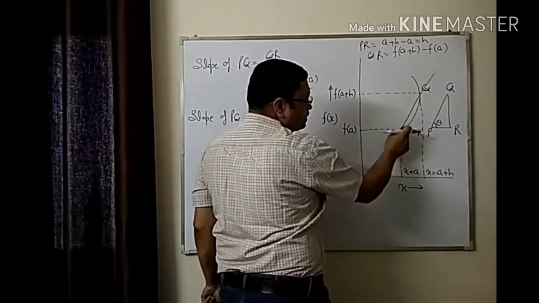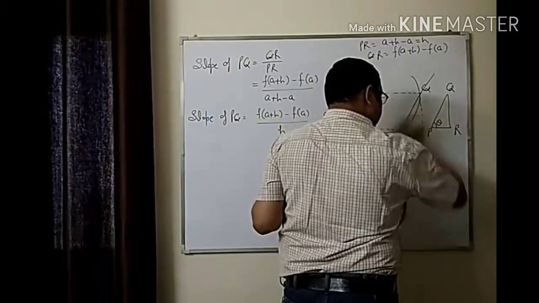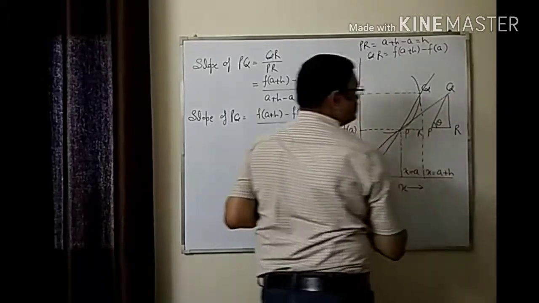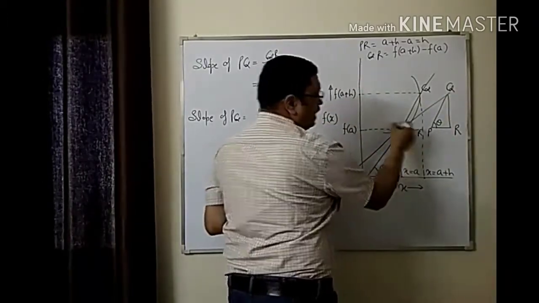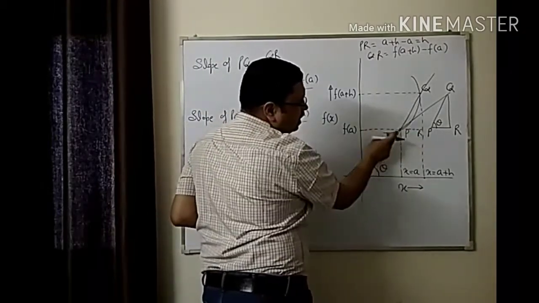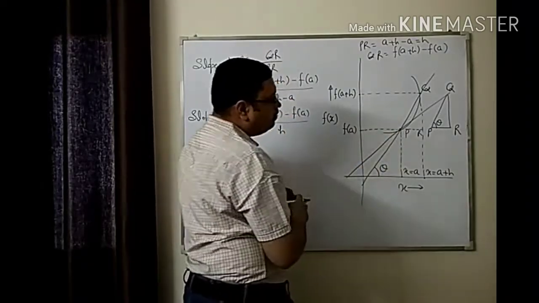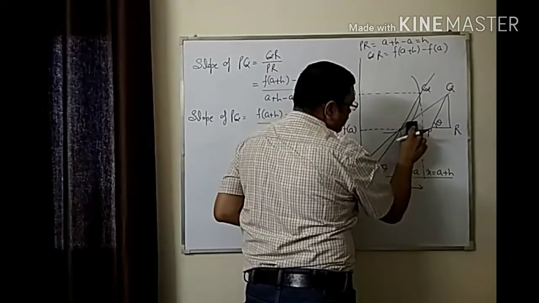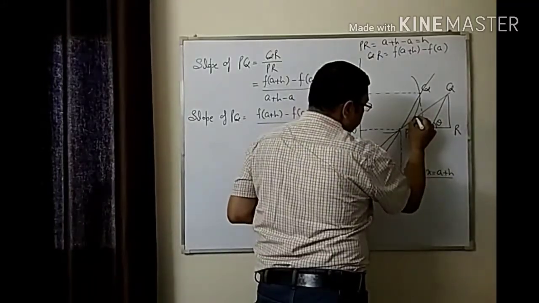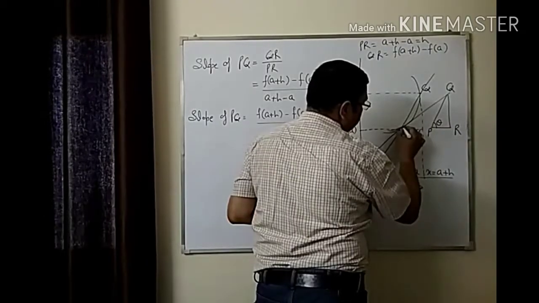If Q is coming and sitting on P, then this line will be like this. This line is touching the curve at point P only. So it should be something like this.